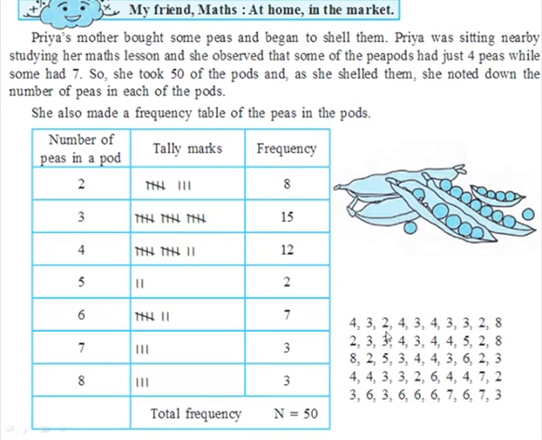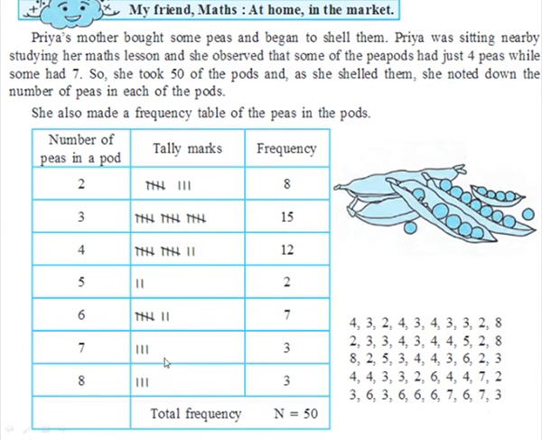Then make one tally mark for 2 and strike off 2. Then make one tally mark for 4 again in front of 4. So here you will get 2 tally marks. This is the first and this is for the second 4. Then make tally mark for 3, then 4, then 3 and so on. Make tally mark for all the scores in the given data.